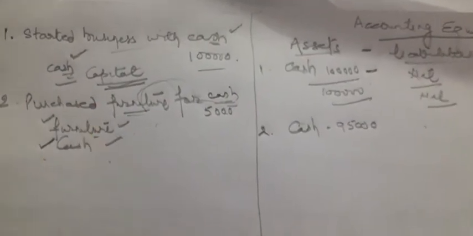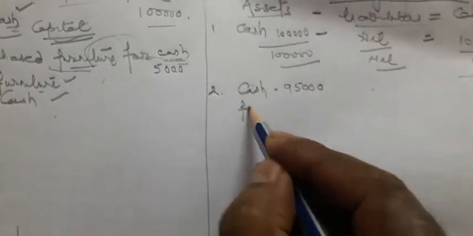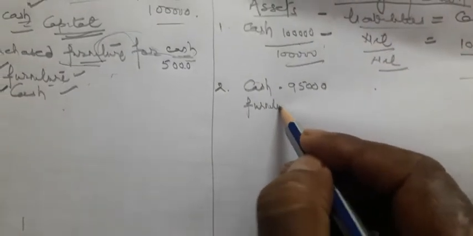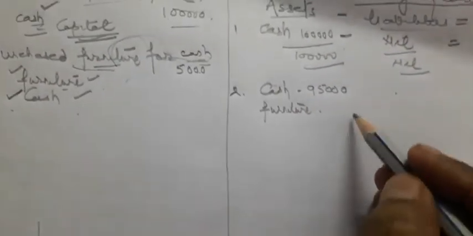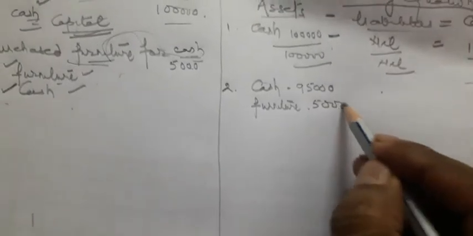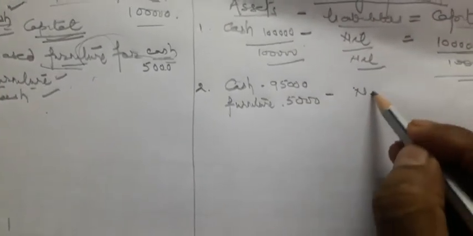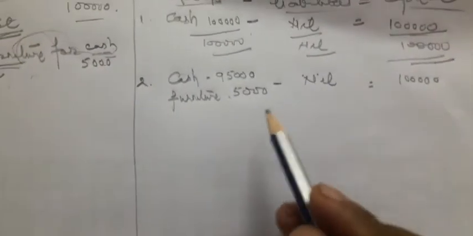The second aspect is furniture purchase. That means furniture is coming in the business, so there is a new asset in the business, furniture rupees 5,000. No effect on liabilities, and there is no capital involved, so capital will remain as it is, 1 lakh rupees.